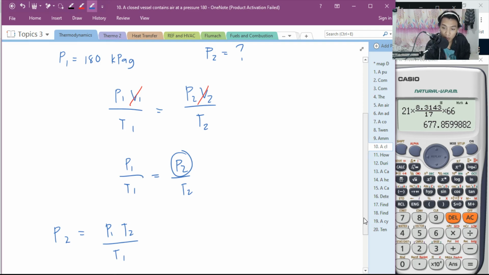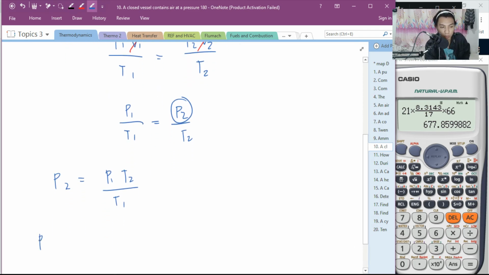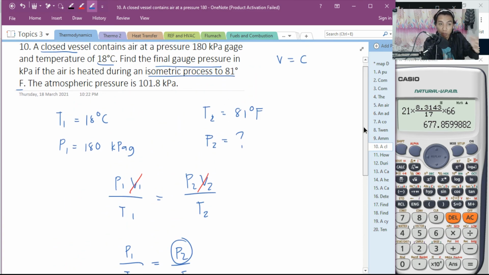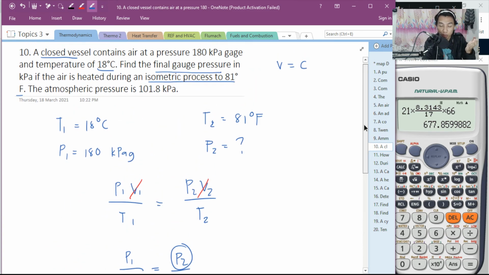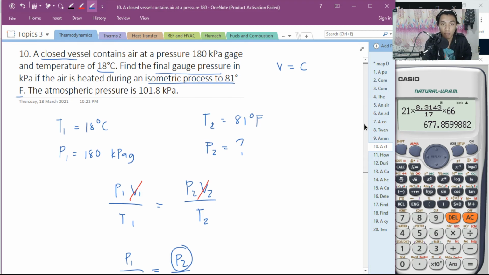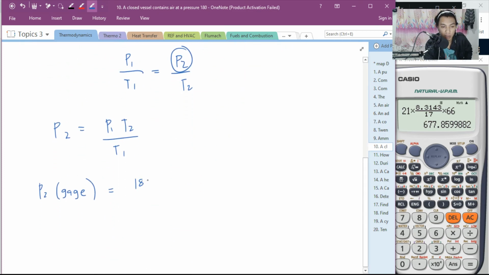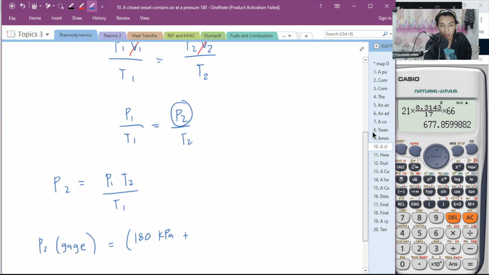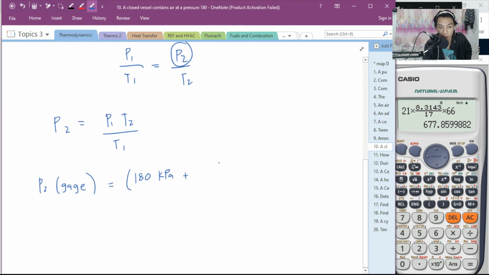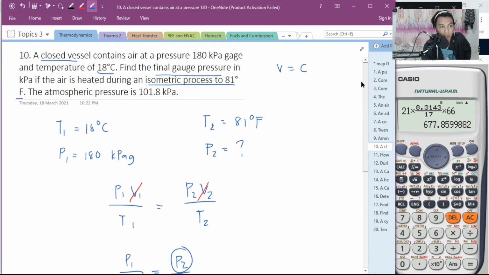Pwede natin isulat yung mga value. P1 is in gauge, pero dapat parati mong ilalagay muna sa absolute bago mo gawing convert yung dulo ng gauge. So, this is 180 kPa gauge plus yung atmospheric, 101.8 kPa. And then, yung temperature 2, that is 81 degrees Fahrenheit.